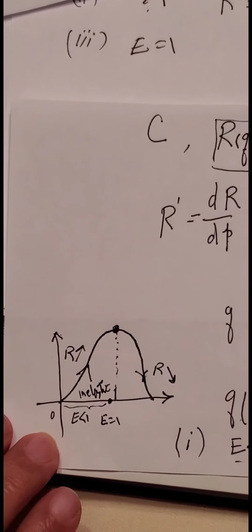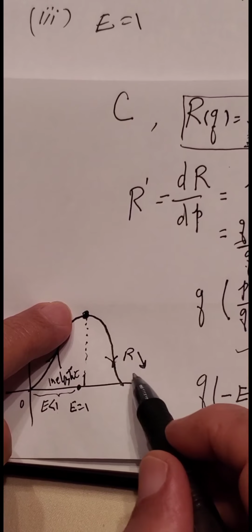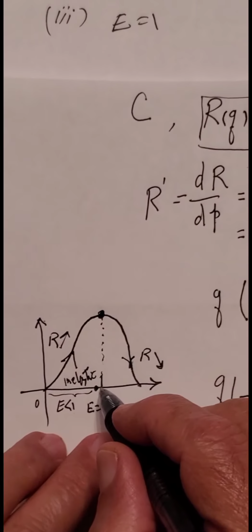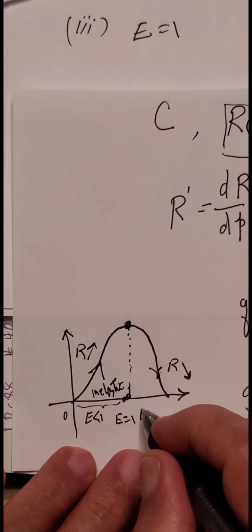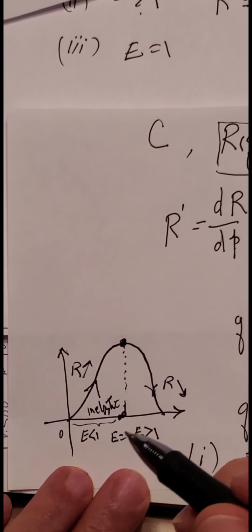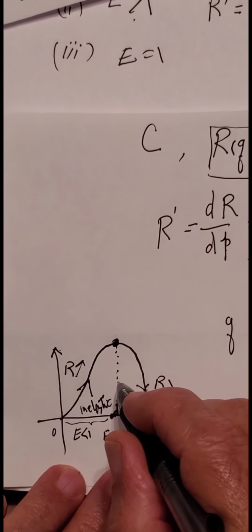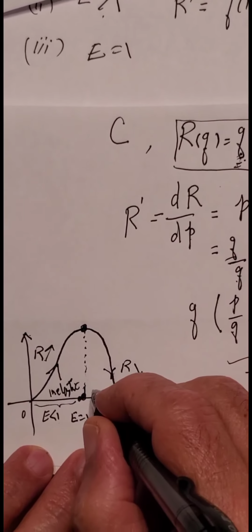When R is going down, R is decreasing or R prime is negative, then after E equals 1, which means E is greater than 1, what we have is that demand is elastic. So that's inelastic, and from this point to this point would be elastic.